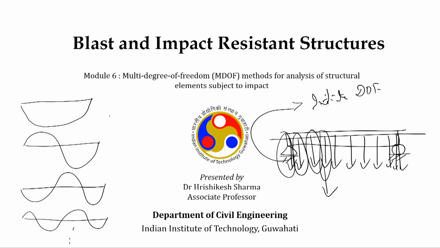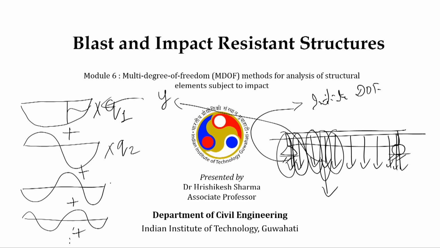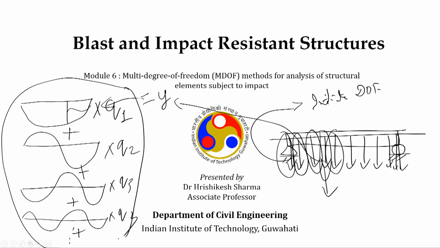So, my total response y at the chosen degree of freedom will be a summation of all the mode shapes, multiplied by a factor that will give me the amplitude. But the total response will always be a summation of contributions from all the modes. That is how we started our analysis procedure.